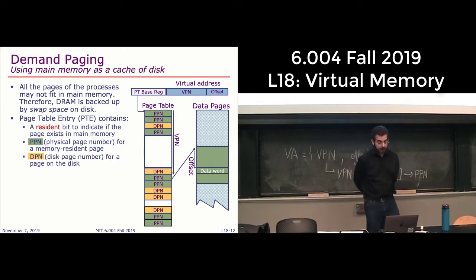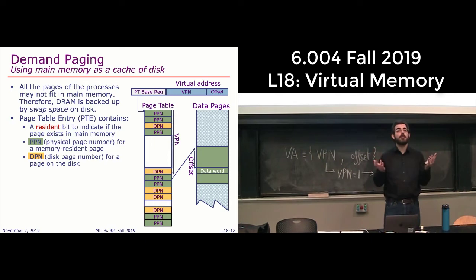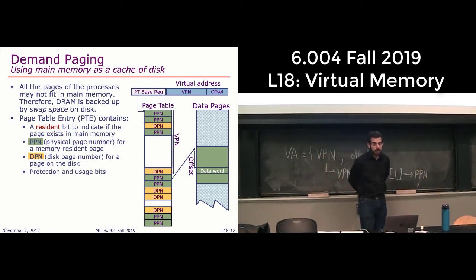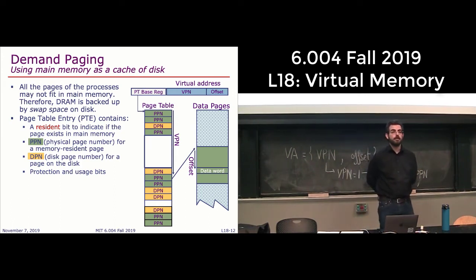On the other hand, there are pages that are not resident, that we do not have in main memory, and instead are on disk. And in that case, if the resident bit is 0, then the page table entry holds what we call the disk page number, or DPN. That's just some information so that we can locate the page on disk and bring it from disk. Then there's also going to be some protection and usage bits.